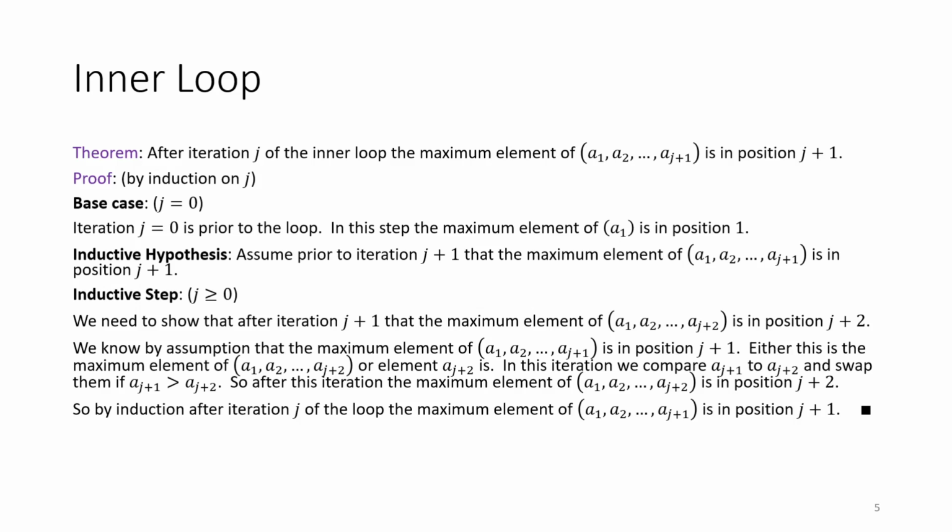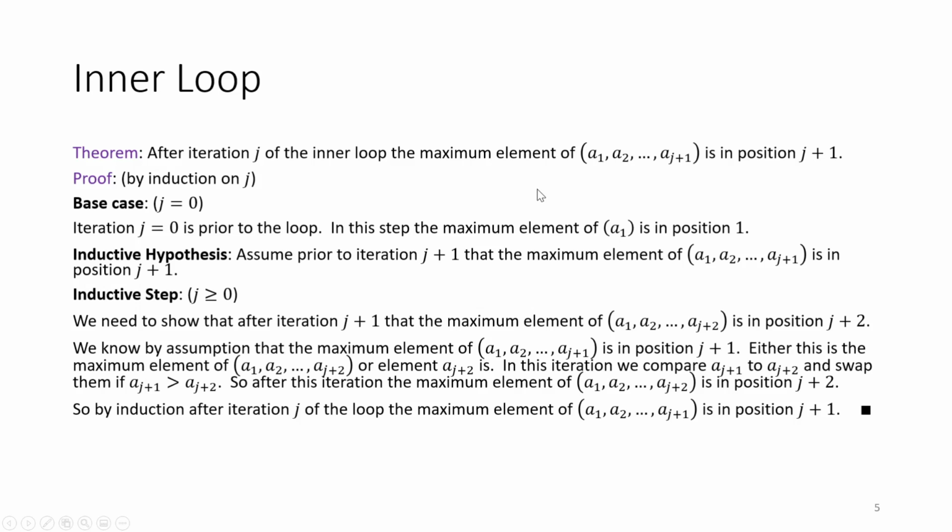All right, let's see if we can take this one more step. We're going to need to use this property to argue the outer loop invariant. Somewhere in the outer loop, we do the inner loop. What do we know after the inner loop? It floats the maximum element so far up to the right spot.